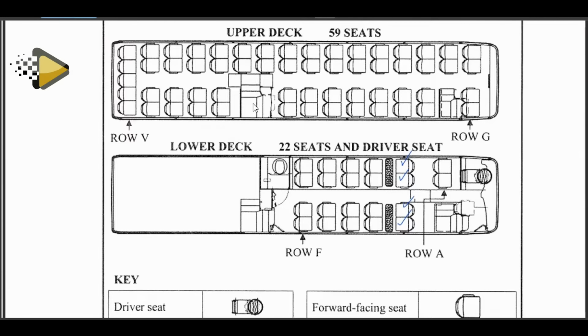How many seats are facing forward? We have 1, 2, 3, 4, 5, 6, 7, 8, 9. So that's 9 times 2. And this side we have 1, 2, 3, 4, 5, 6, 7, 8, 9, 10, 11, 12, 13, 14, 16, 17, 19, 20, 21, 23, 24, 25, 26, 27. 27 times 2.